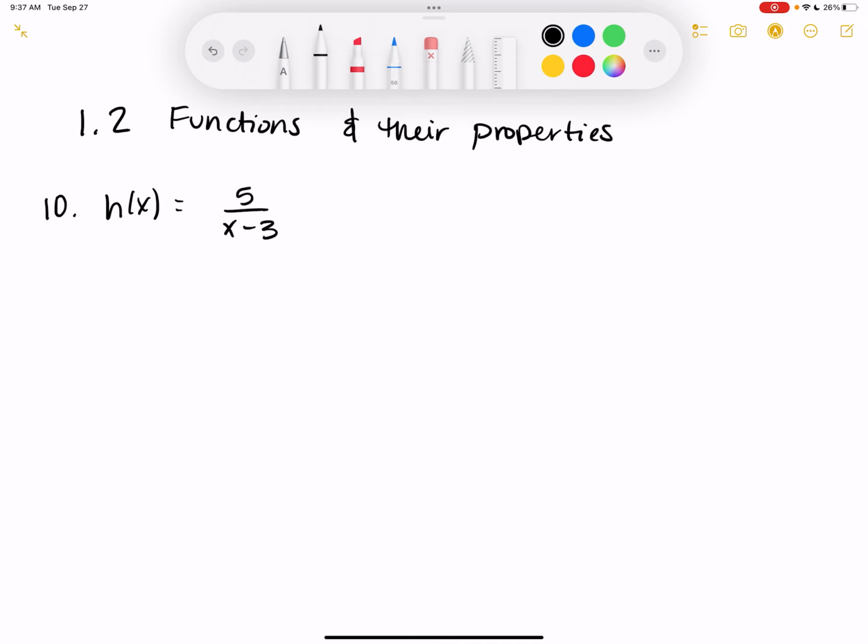X values. So what can x not be? The denominator cannot be 0, so we take the denominator and set it equal to 0 and solve. So x equals 3. So the domain is negative infinity to 3 union 3 to infinity.